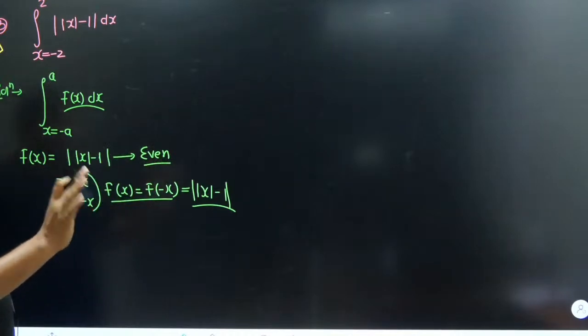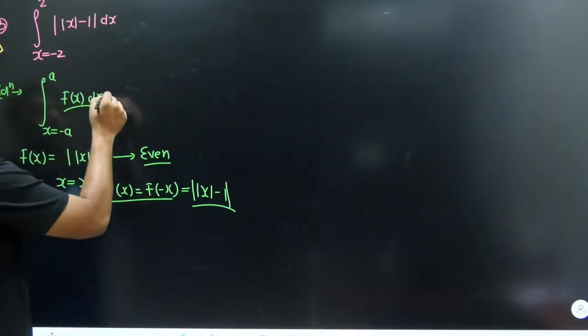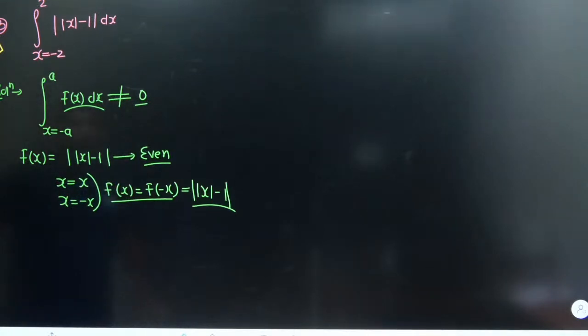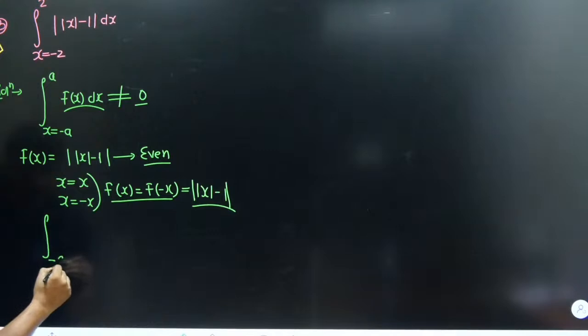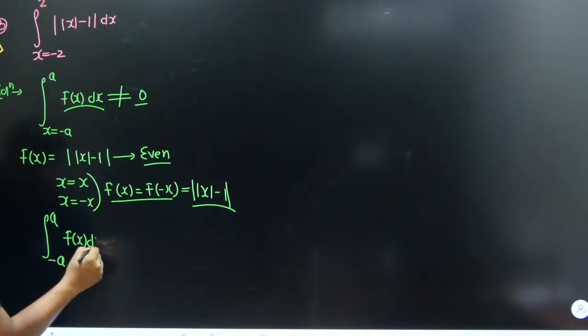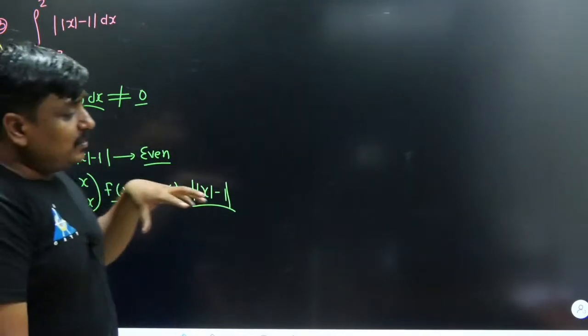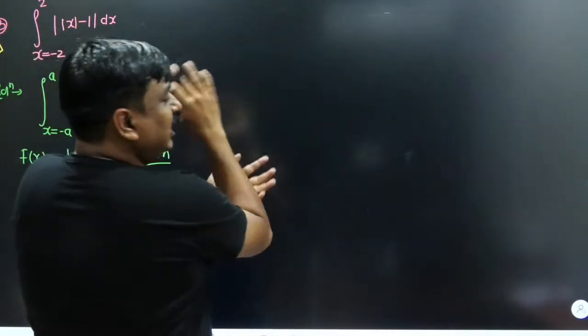And if it is an even function, it's an integration from a certain finite value to another finite value, f of x dx cannot be 0. Not at all can it be 0. Another important property we can use here: integration from minus a to a of f of x dx, where f of x is an even function. That means it carries the same amount and polarity of area towards the positive value of x as the negative value of x.